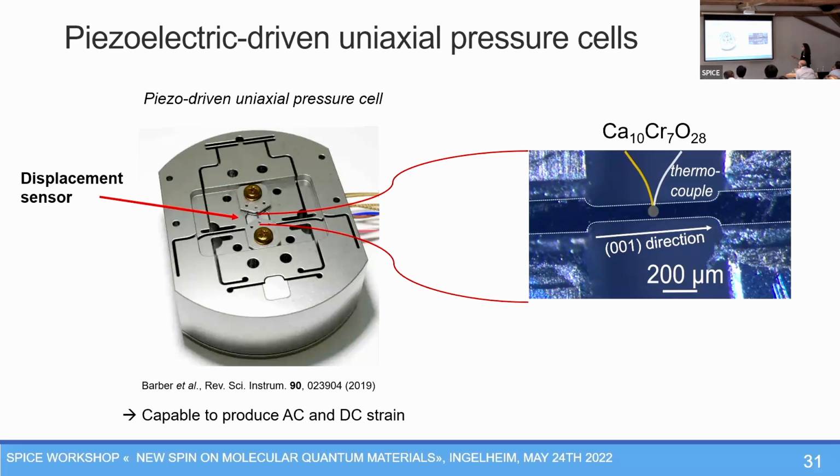This is how a typical sample looks that we mount on here. Then, in order to pick up this temperature oscillation to determine the elastocaloric effect, we attach a thermocouple here into the central neck of the sample, where we have the maximum strain.